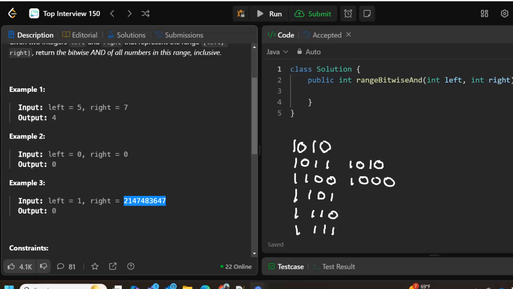And so the answer is going to be this, which is 8. So that's really the key insight to this, is that the answer is going to be the bits that all the numbers have in common.